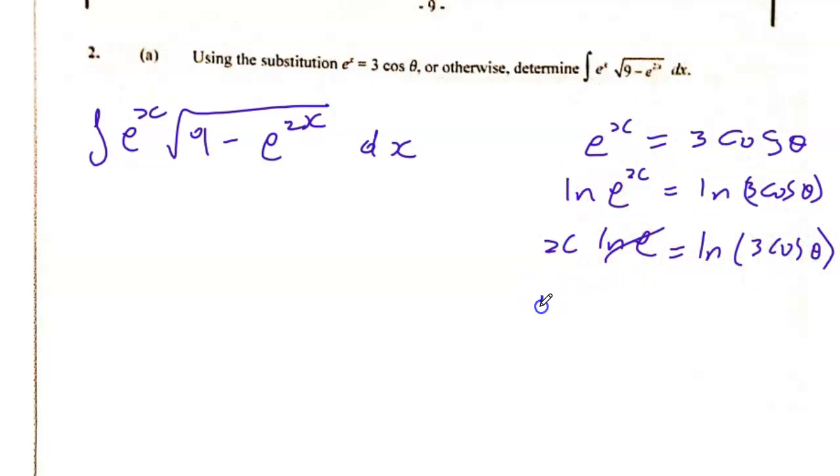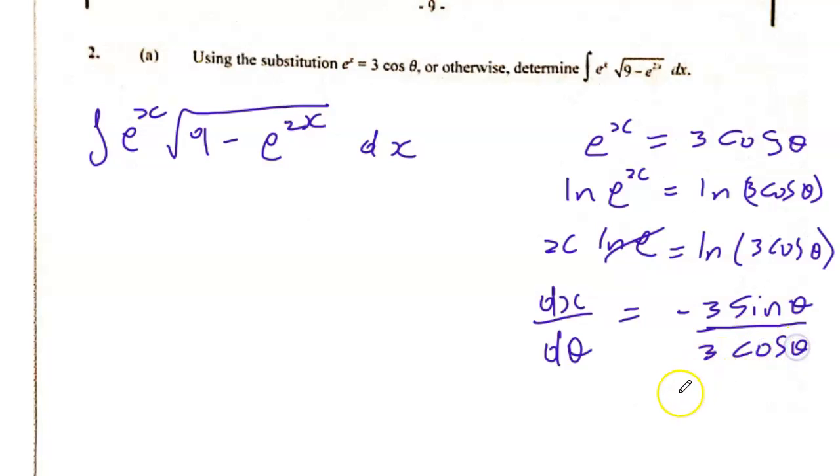So we can find dx by d theta. Differentiate a log, we differentiate what's in the bracket, so minus 3 sine theta over what's already in the bracket, which is positive 3 cos theta, and minus 3 into itself was minus 1.